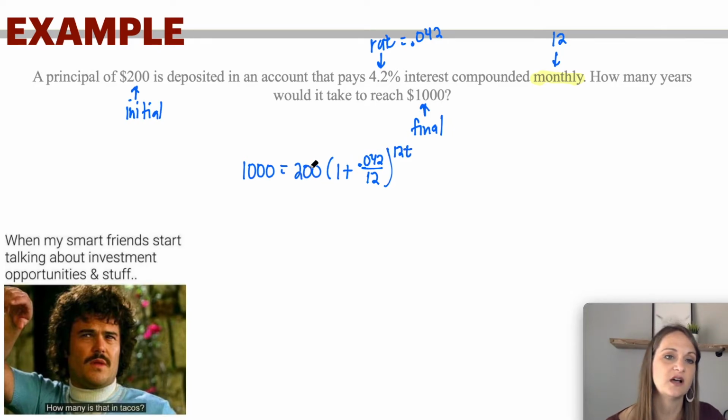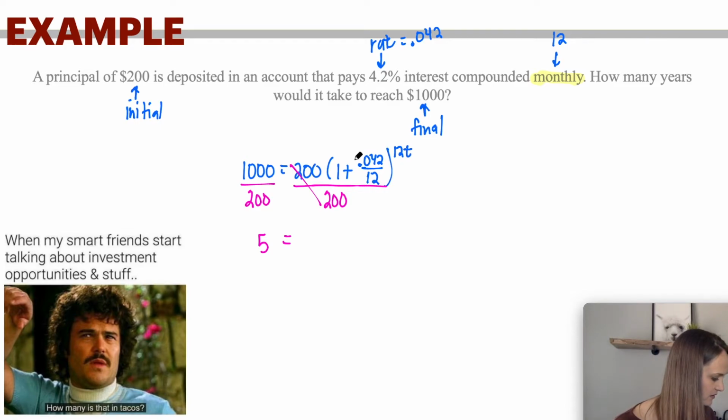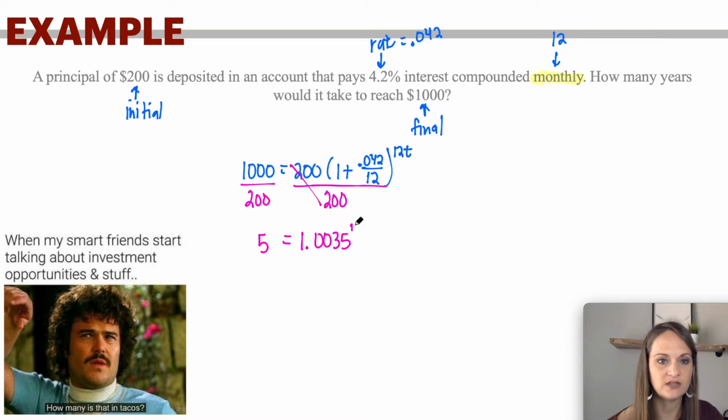So in order to solve this, I first am going to have to divide by 200 on both sides. So I will get 5. And I'm going to go ahead and figure out what this is. This is 1.0035 raised to the 12t. Now I need to rewrite this as a log.